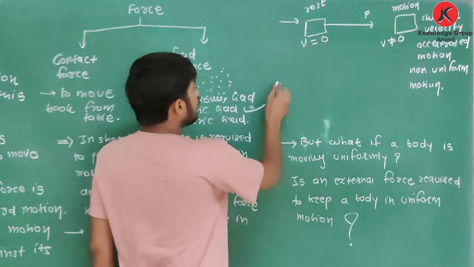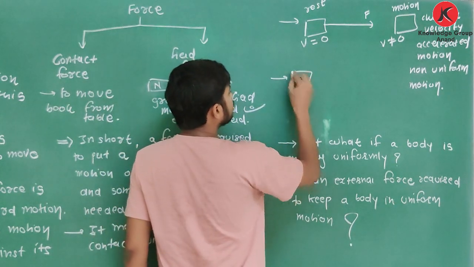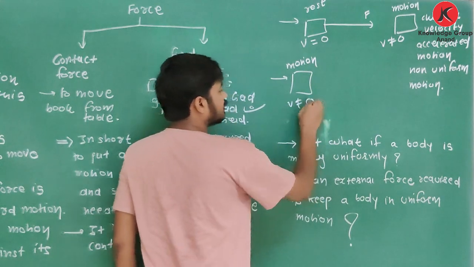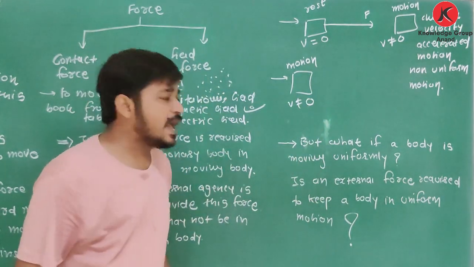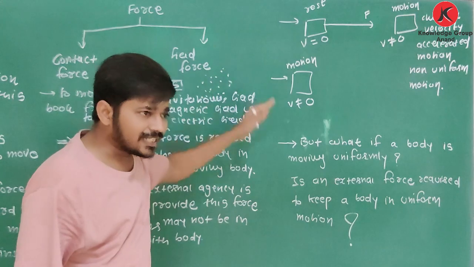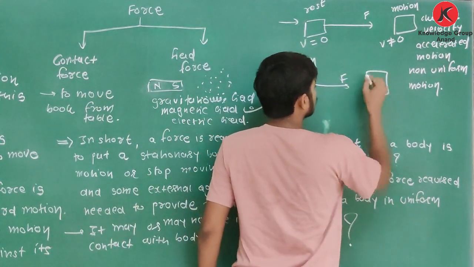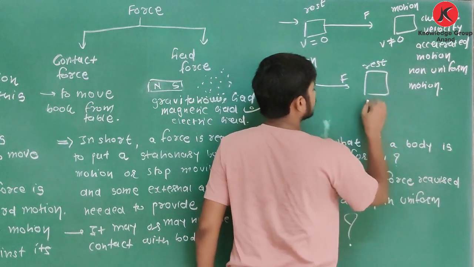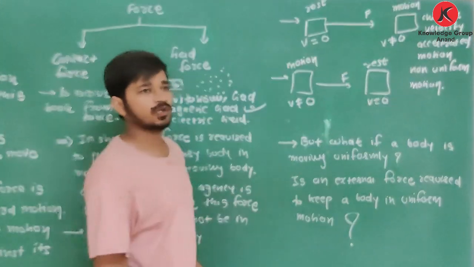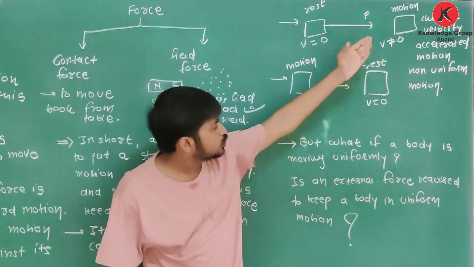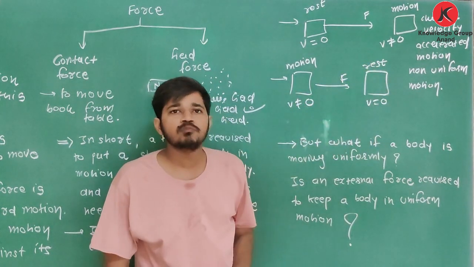Another example, if an object is in motion, means its speed, its velocity is not 0, then to stop or retard this object, we have to apply some force. So it will come to rest, means its velocity becomes 0. Again, there is change in velocity, means it is accelerated motion, means it is non-uniform motion.